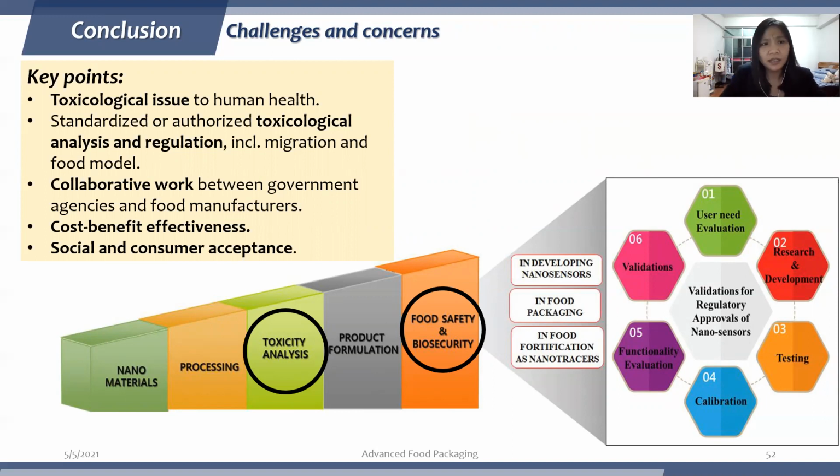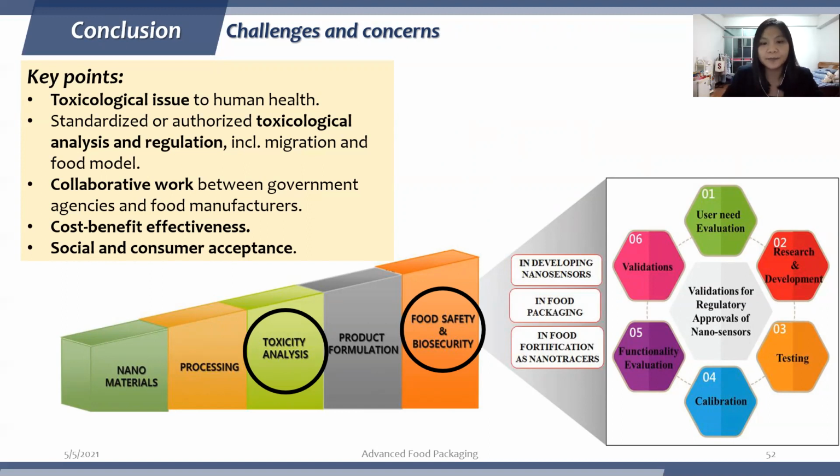So the key points that I would like to highlight when we want to apply or develop nanomaterials in food packaging: the first is safety, because we are working with food and the consumer, we need to maintain the safety. This includes the toxicological issues.